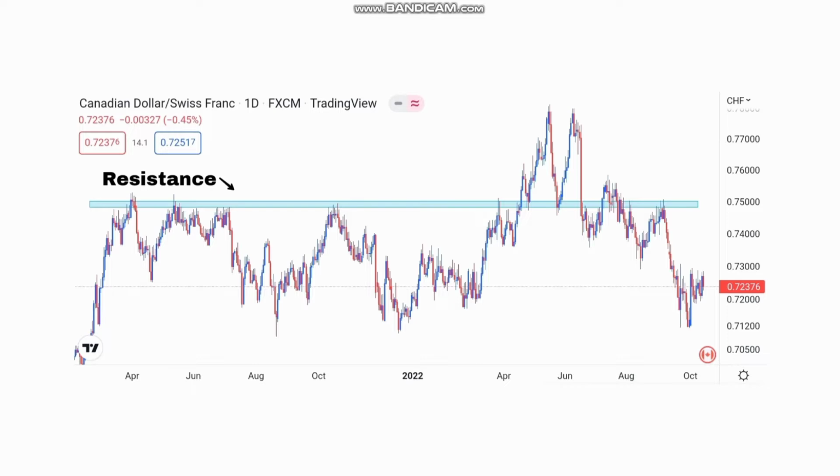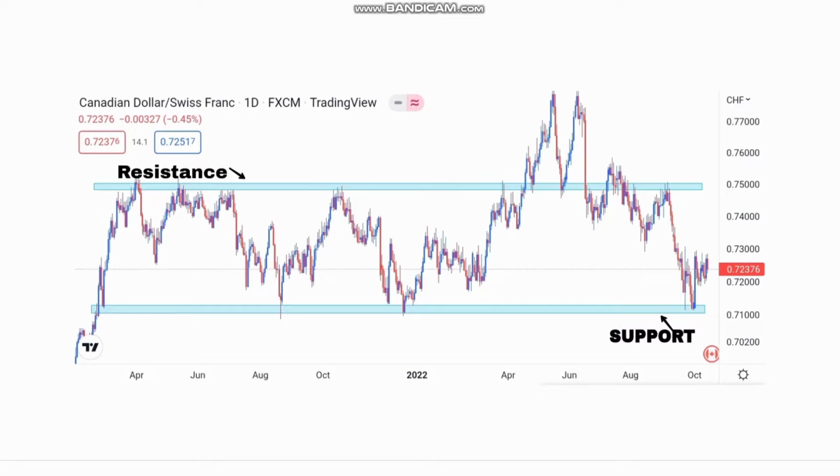We'll go into more detail on that. But if you look closely, the market did respect this resistance level, hence it went back into the market. This is an example of the resistance and the support level. Basically, this is how you spot it. So, let us move to another concept.